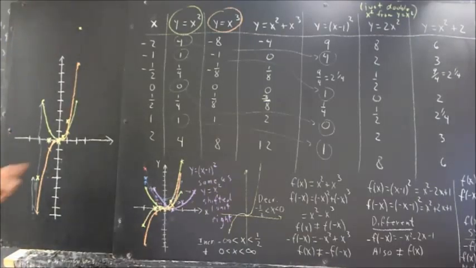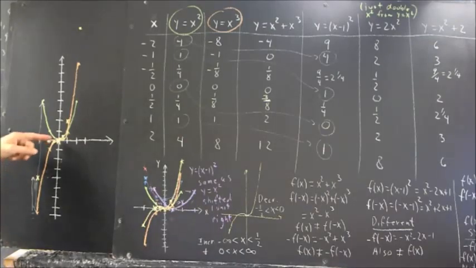Now, the only point we don't have is the point where x equals -1/2. What do we see? Well, the value of the x squared function is 1/4. The y value of the x cubed function is -1/8. So the y value of the x squared function is bigger than the y value of the x cubed function.